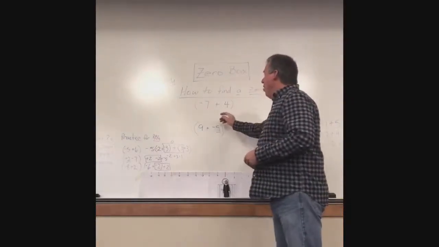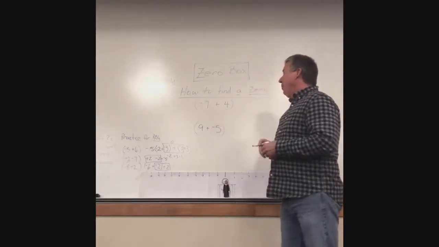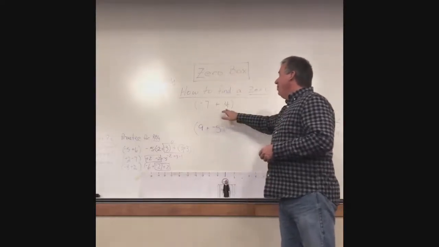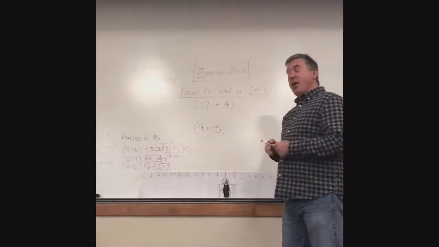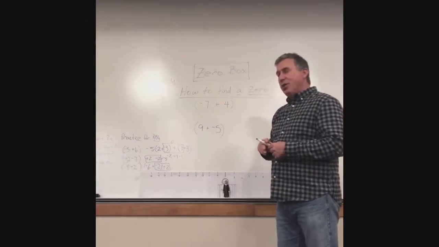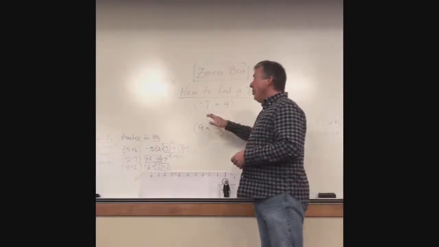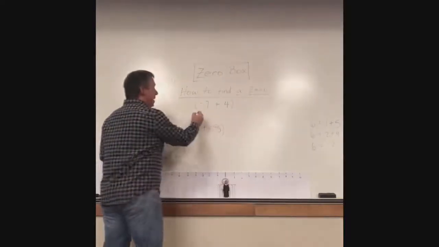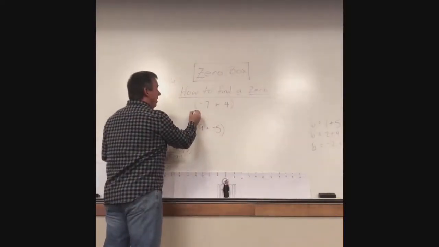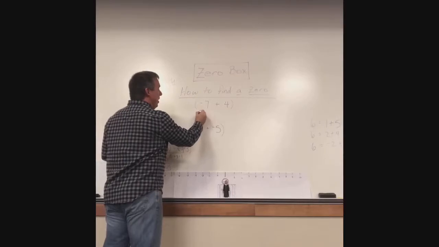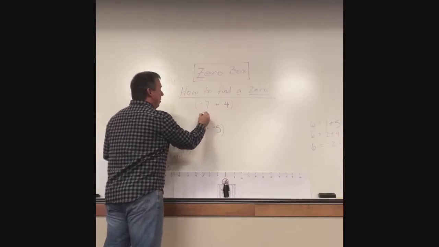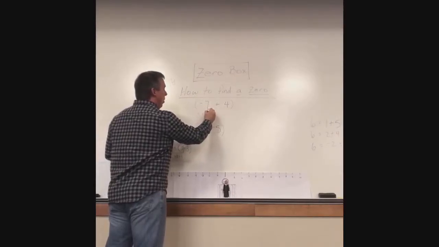So when I look at this first problem, it's minus 7 plus 4. Now, the 0 box strategy is what we're looking to use. So we're going to use the distributive property to use minus 7 and break that down. Minus 7 is equivalent to minus 3 plus a minus 4.